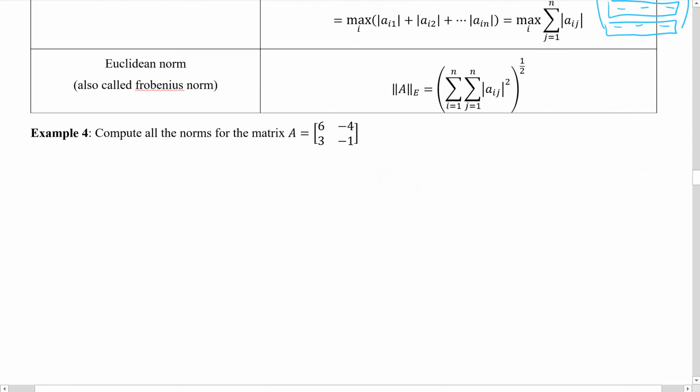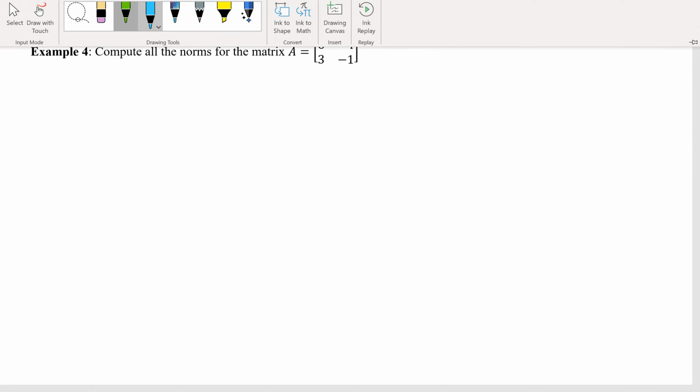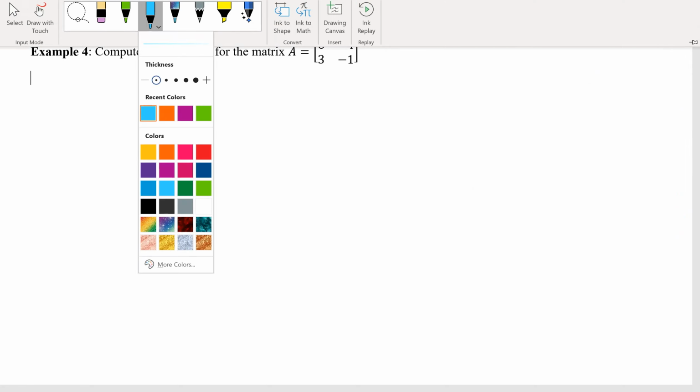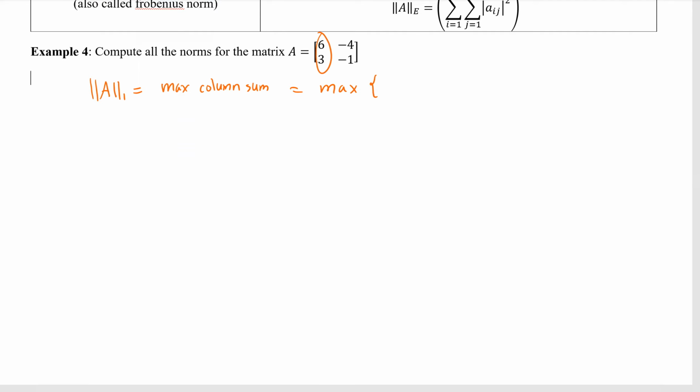Let's compute all the norms for the matrix A. Okay, so how do we compute the L1 norm? The L1 norm is the maximum column sum. So that's the maximum of, look at the first column, 6 plus 3. Look at the second column. We're talking about the absolute value of the entries.